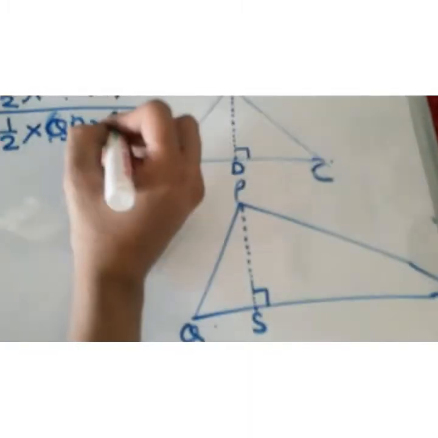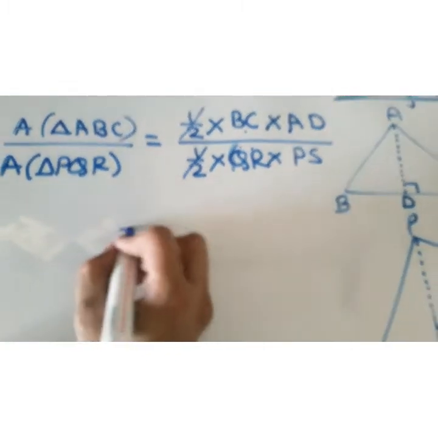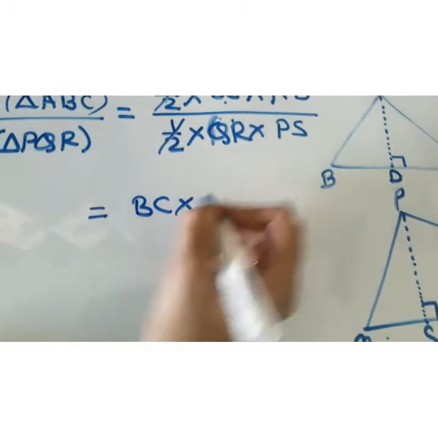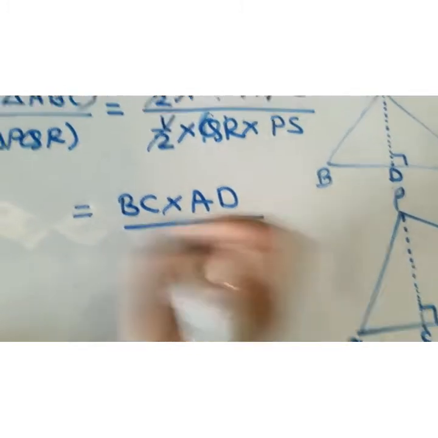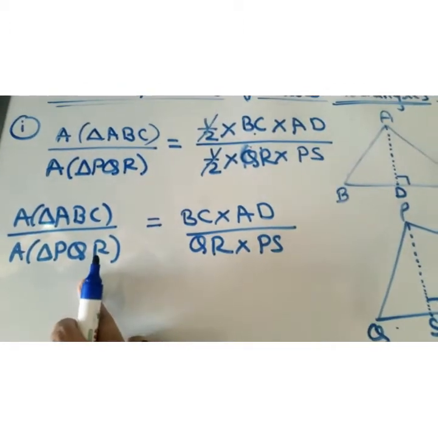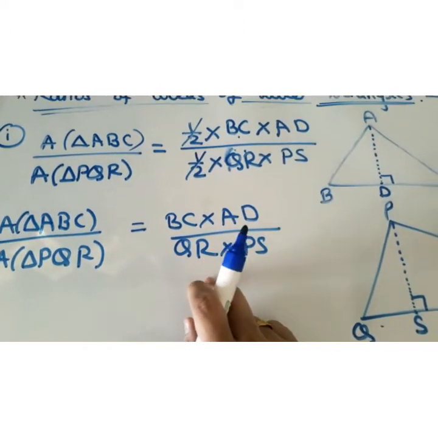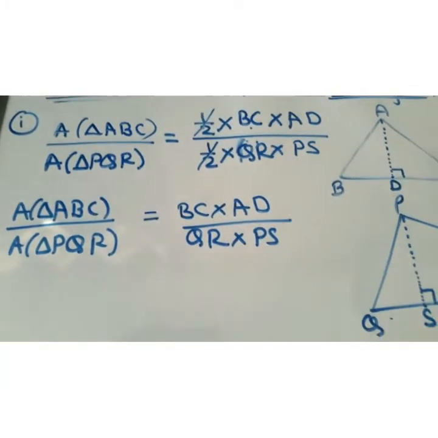So this becomes the ratio, but the half and half cancel each other. So the ratio of areas of any two triangles is the ratio of the products of their corresponding bases and heights. This is simple.